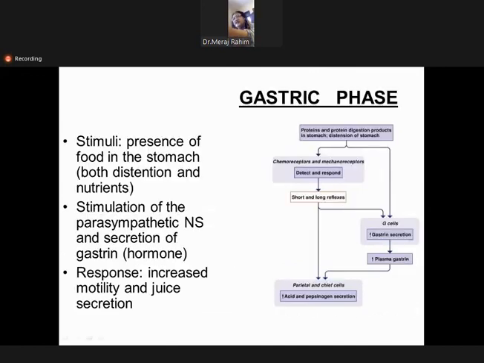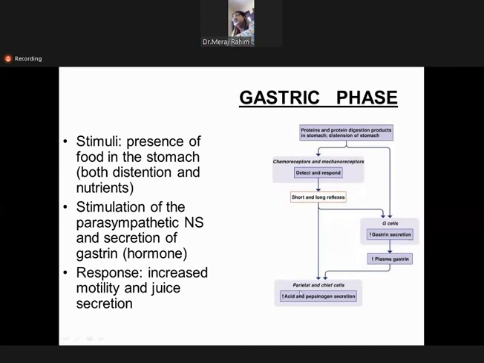So we call it the gastric phase, and in the gastric phase, these secretions are secreted, and they stimulate the nervous system to secrete. As the time is short, students, I'm going in a fast way.